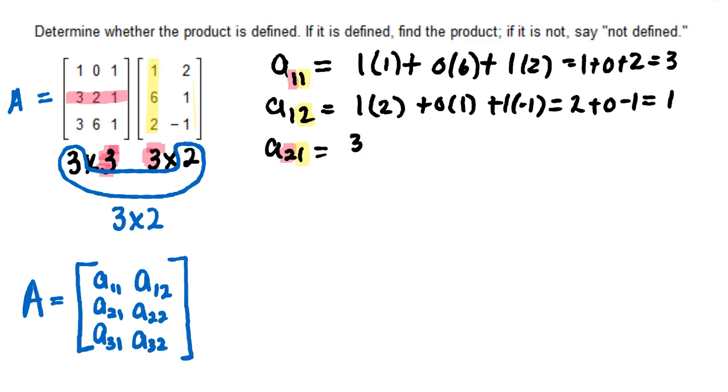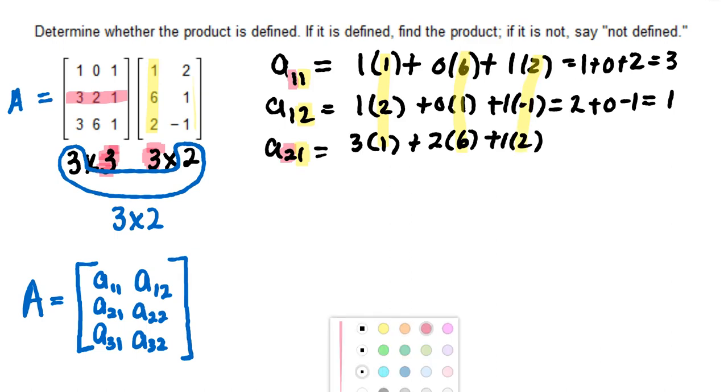So that's 3 times 1 plus 2 times 6 plus 1 times 2. If you've noticed, these second numbers are all coming from the second matrix, and these first numbers are all coming from the first matrix, either from row 1 or row 2.